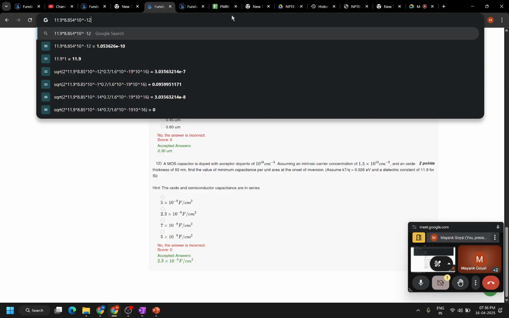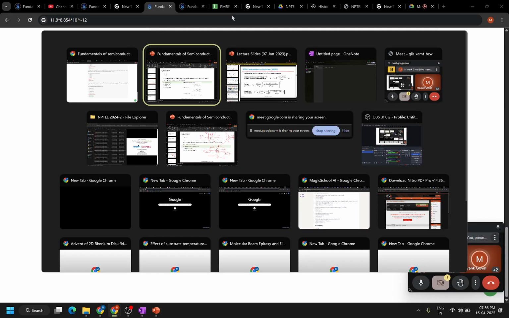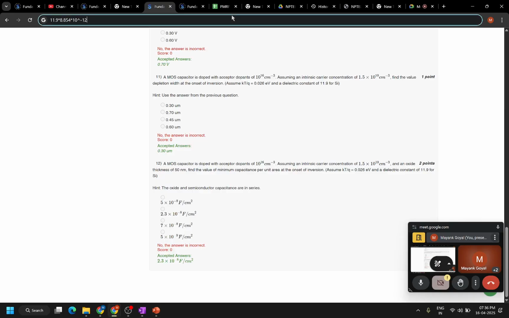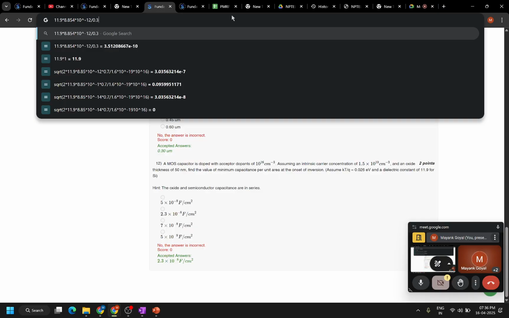That will be your epsilon Si, and then you have to divide it by 0.3. So if you divide by 0.3 into 10 to the minus 9... 10 to the power minus 6, not 9, it's micro. Okay, okay.